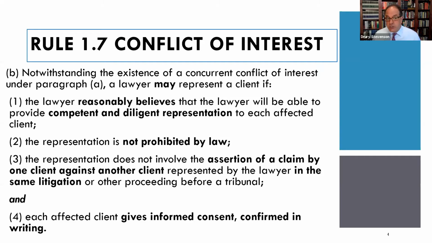Two, the representation is not prohibited by law. Well, we're going to talk about that in another video, another lecture. Three, this does not involve the assertion of a claim by one client against another client represented by the lawyer in the same litigation or other proceeding before a tribunal. And four, each client gives informed consent confirmed in writing.